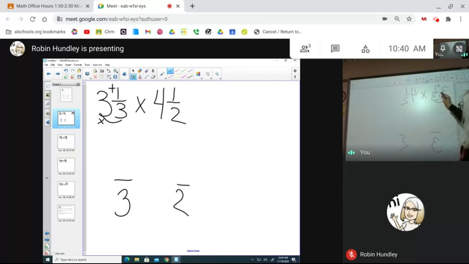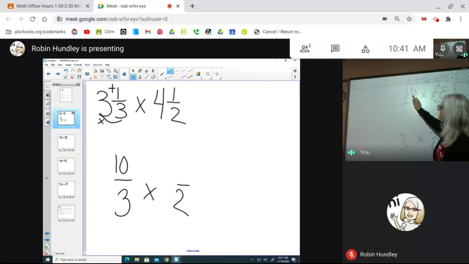So I'm going to create an improper fraction with these mixed numbers. 3 times 3 is 9, plus 1 is 10. I now have 3 1/3 is 10/3, times 4 times 2 is 8, plus 1 is 9, so 9/2. Now everything is just numerators and denominators.